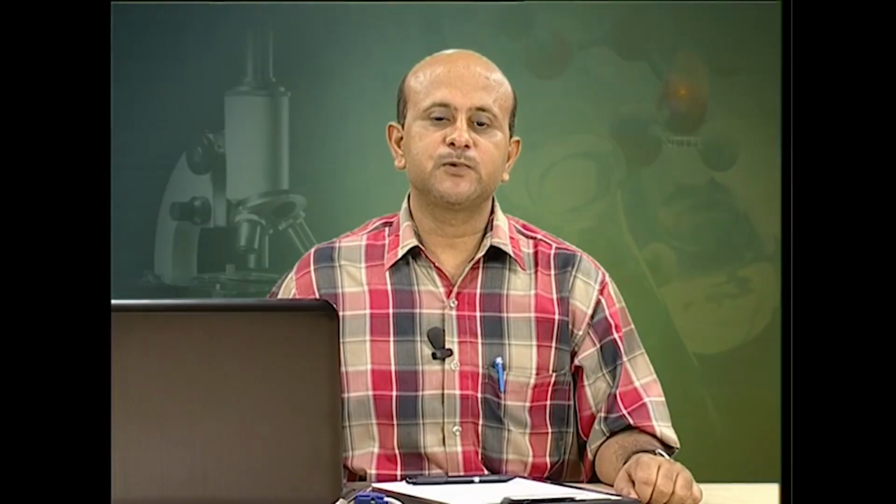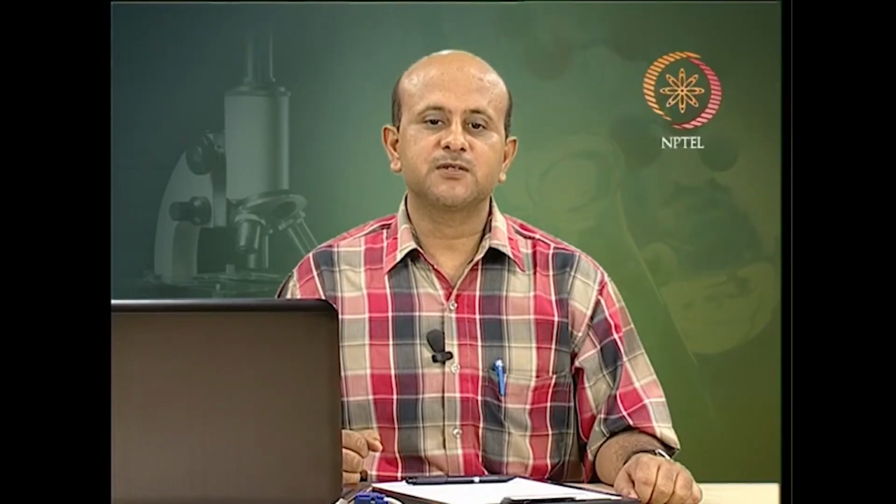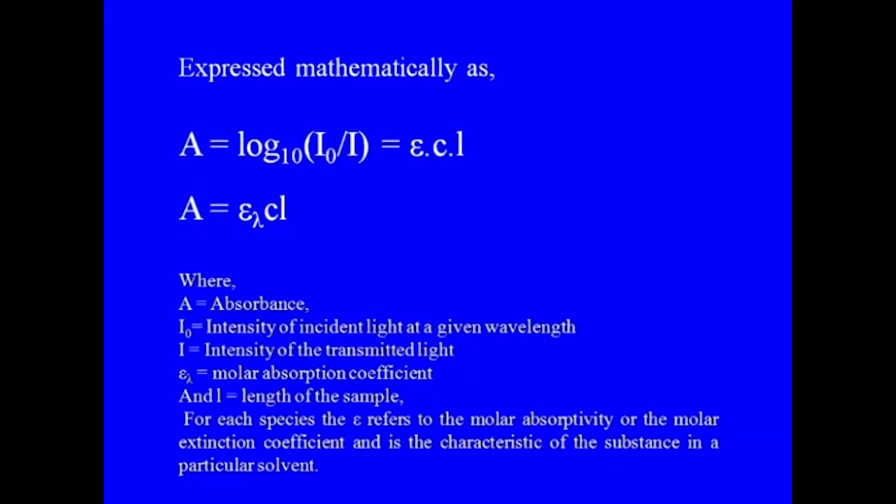For each species or molecule, the molar absorption coefficient is characteristic of that particular substance in a particular solvent, and also at a particular wavelength, as it is clearly written, it is for a particular wavelength.